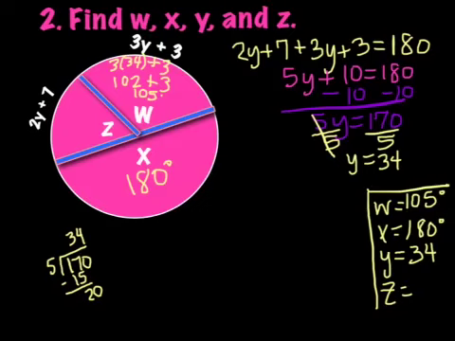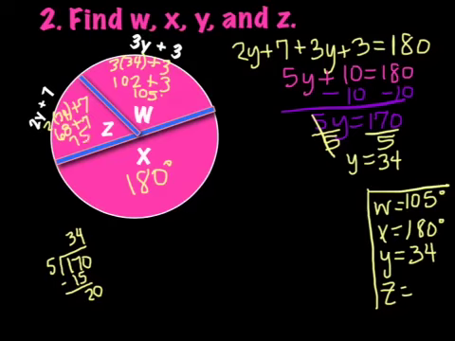Okay, so to find Z, we could just add all of the angles that we have and subtract from 360, or we can just do the same thing we did to get W. So I'm going to plug in 34 for Y, so it's going to be 2 times 34 plus 7. Well, 2 times 34 is 68, and 68 plus 7 is 75.